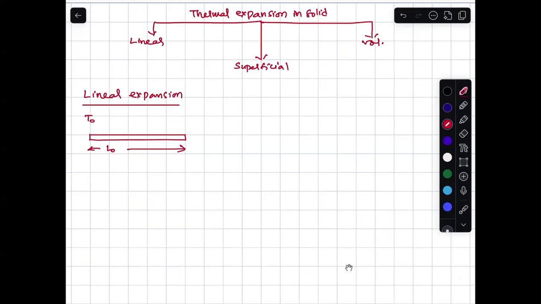Slightly heating it, so that the temperature now becomes T naught plus delta T. What happens? You will notice, see, I am taking a reference. It doesn't mean that expansion happens only on the right side. Expansion happens equally, but to notice the change, I am taking one end as a reference.